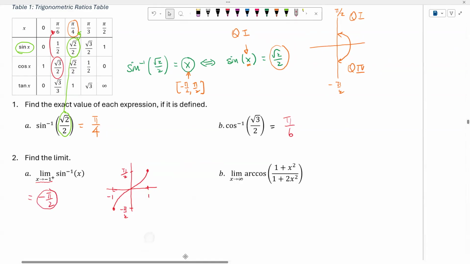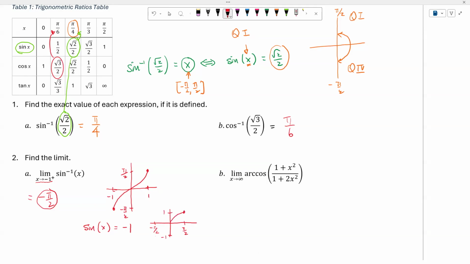Or you could consider that, again, in this case, I would like to have sine of x equal to -1. Then what is this angle equal to? We could look at the sine function. In this case right here, we could check that between -π/2 to π/2, the output is between 1 and -1.